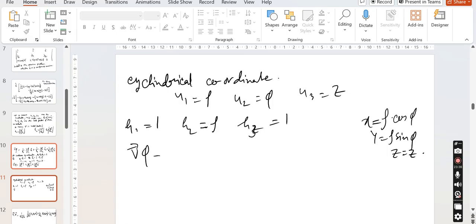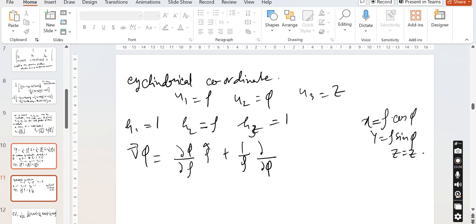So the gradient will be del phi del rho rho cap plus 1 by rho del phi del theta theta cap plus del phi del z z cap.